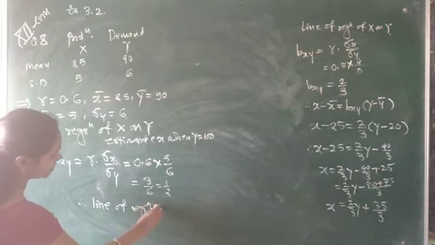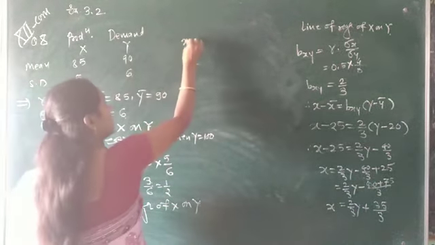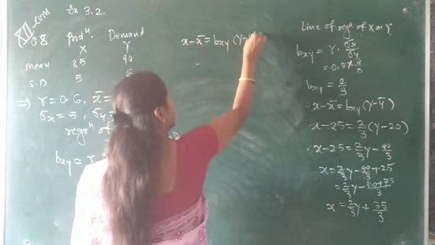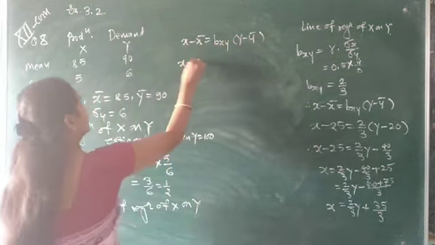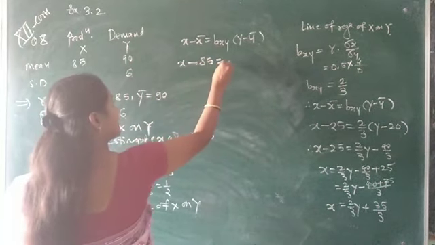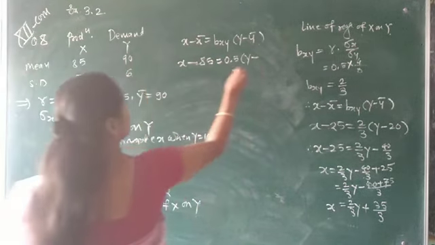Line of regression of x on y. That is x minus x bar is equal to bxy into y minus y bar. X minus x bar mean 85 is equal to bxy 0.5 into y minus y bar 90.